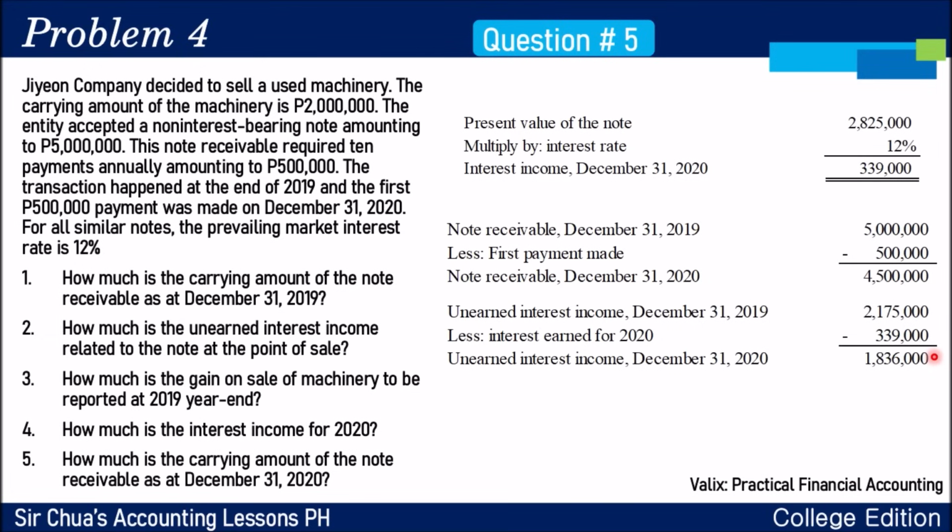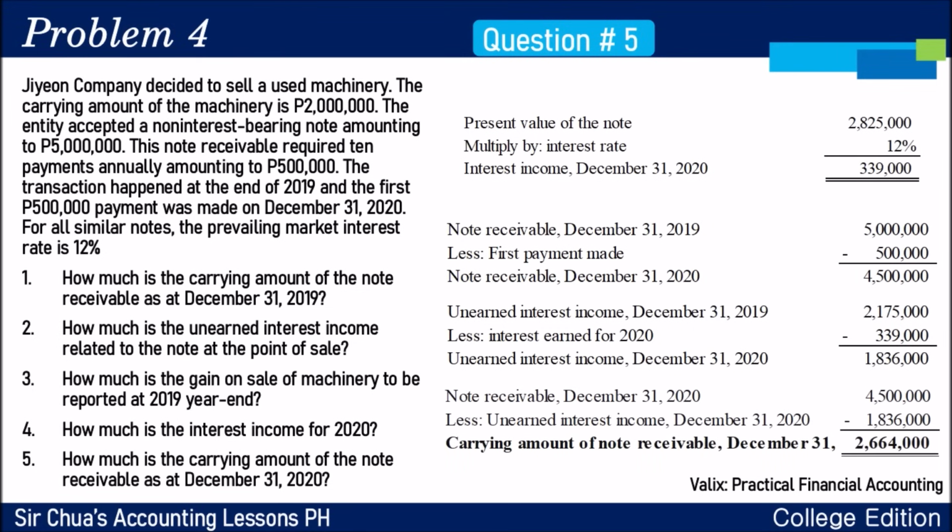1,836,000. So, if you will be analyzing it like this, parang kanina, di ba? 5 million pero nasa loob nun yung interest. So, ganun din yung gagawin nating analysis dito at the end of December 31, 2020. Yung note receivable mo na 4,500,000, may laman pa siya sa loob na unearned interest income na 1,836,000.